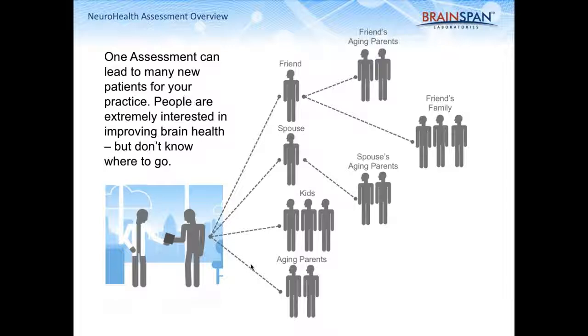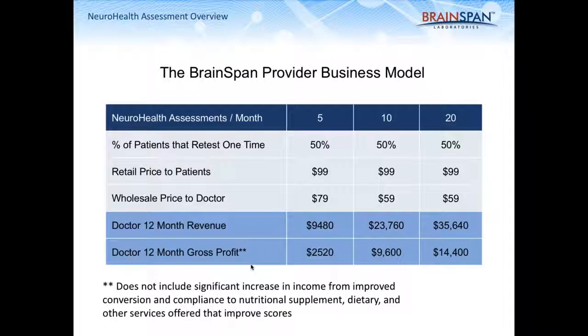Get the patient to be a vehicle of getting the rest of their family engaged with the assessment, right? These assessments can be sold in family packs and taken home and then called in and registered to the right person, and it can be a source of brand new patients for you in your practice, like so many of our successful providers do. And don't forget, there's substantial revenue just doing either 5, 10, 20 assessments a month.